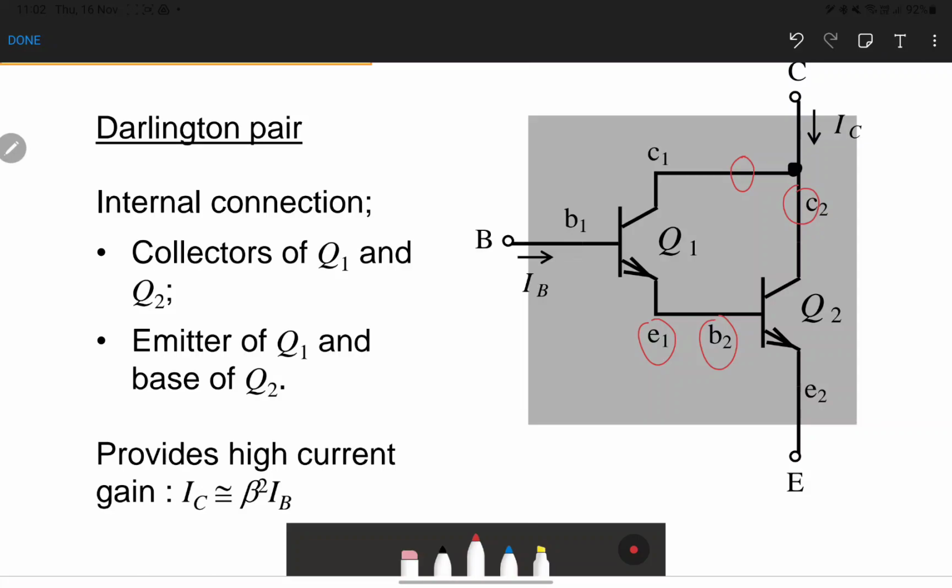The advantage of this configuration is that the Darlington pair can provide high current gain, so we can conclude that the output current IC is similar to beta squared times our input current IB.